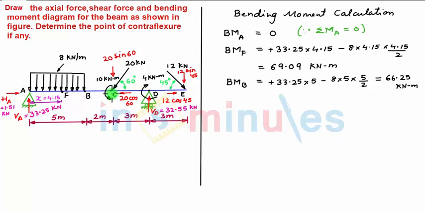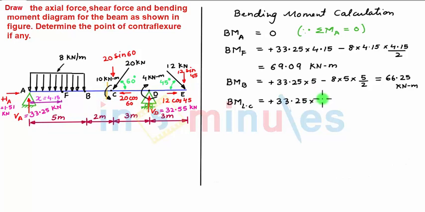Next we move to point C. Now we see at point C there is a couple acting. So we'll take a section towards the left of C and right of C. By taking a section towards the left of C and very near to it, the bending moment towards the left of C is given by the same clockwise moment caused due to this force. So we have plus 33.25 kilonewton acting for a distance of 7 meter from this section.